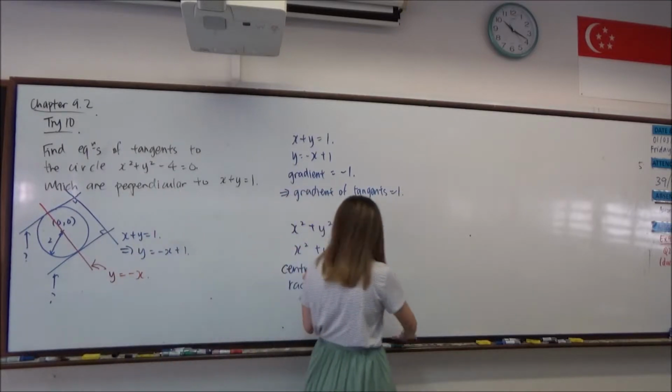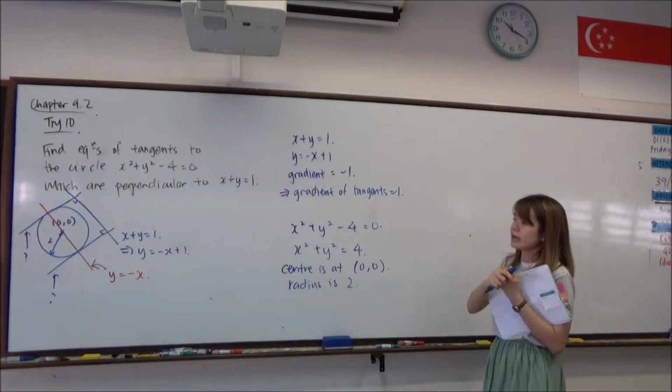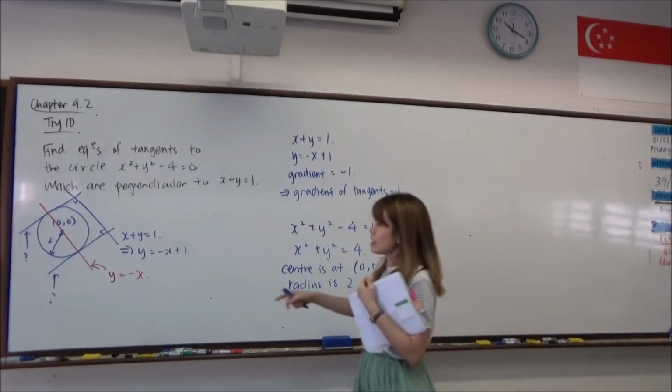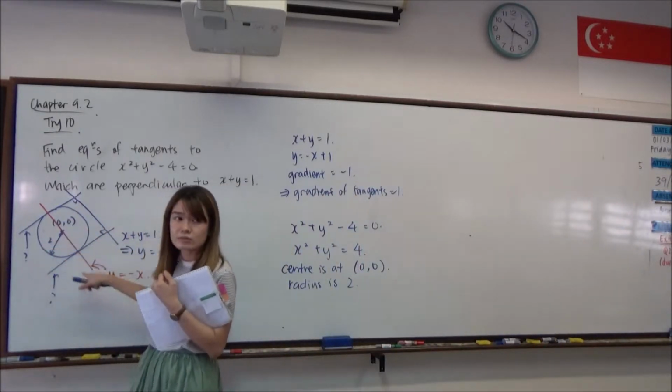Why not, with this concept that y equals negative x, we equate it to the circle, because it will actually pass through the circle, right? That's what we can see over here.